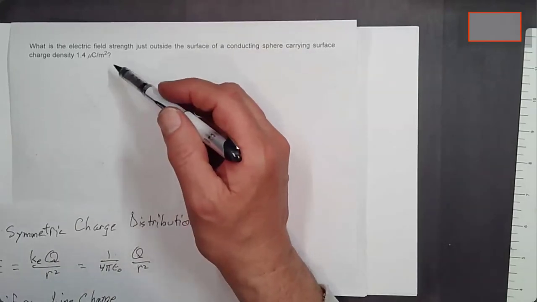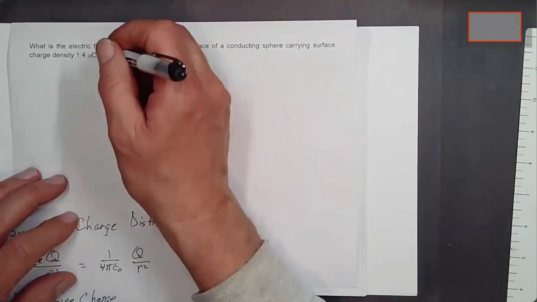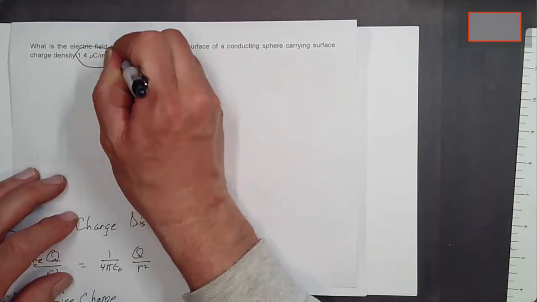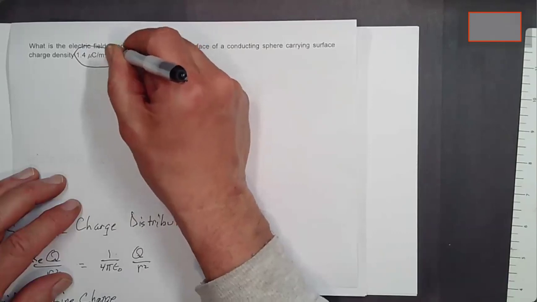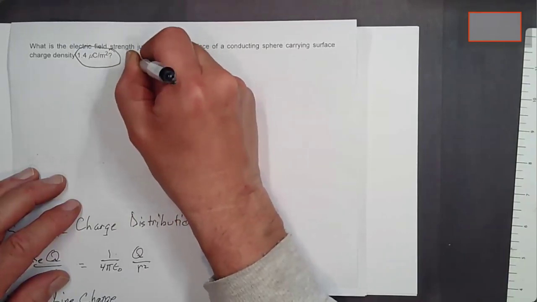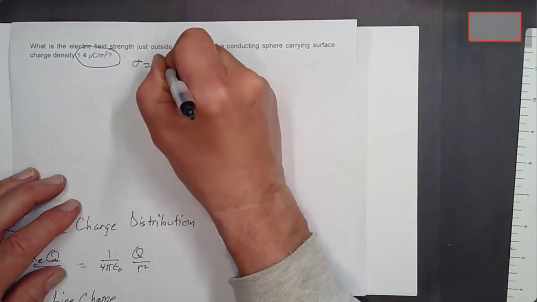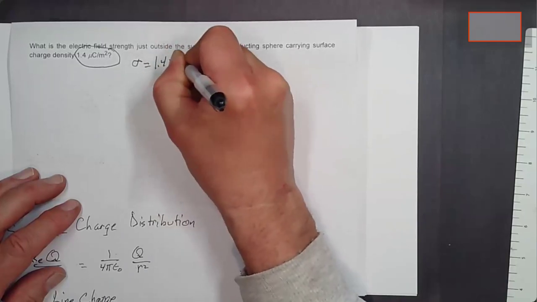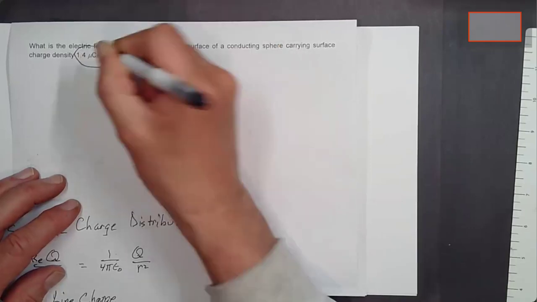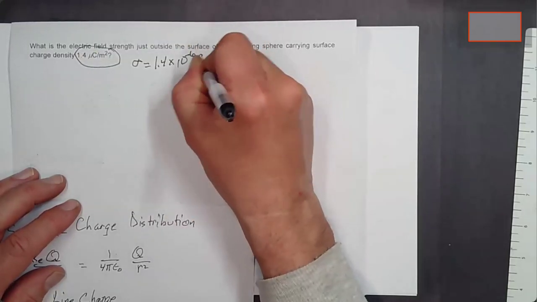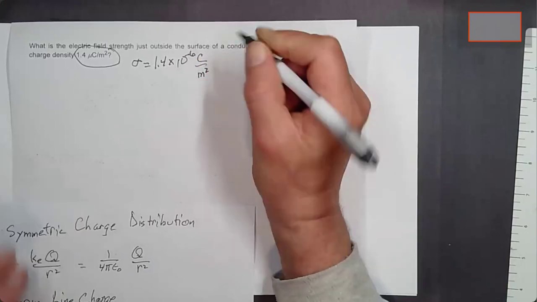Without the radius, we don't know what the surface area of it is. All we know is that it has a surface charge density of that, and that would be sigma in this case. Surface charge density 1.4 times 10 to the minus 6, that's what micro means, coulombs per square meter. Okay.